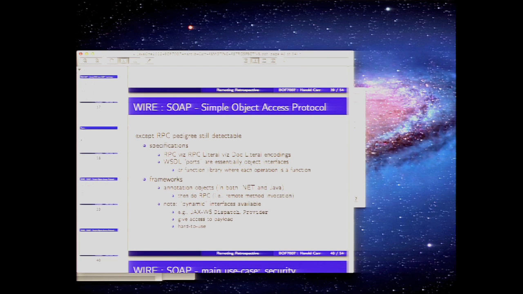And also WSDL ports inside of WSDL, they're essentially objects, and the operations are the methods. Or, if you want to be, it's RPC, it's a function library with a bunch of functions. So it still has some of that stuff left. And also in frameworks that you use, like JAX-WS in Java or .NET, you put an annotation on an object, and then it turns it into a service for you.